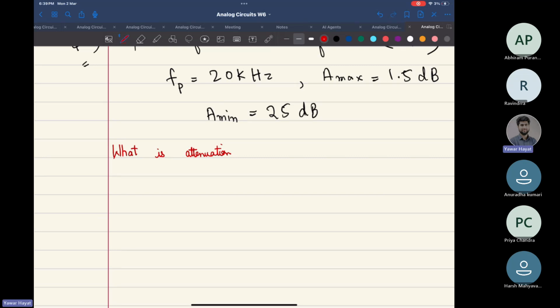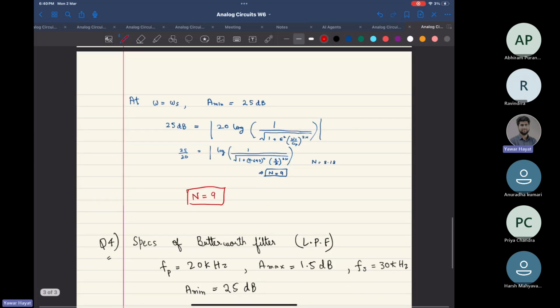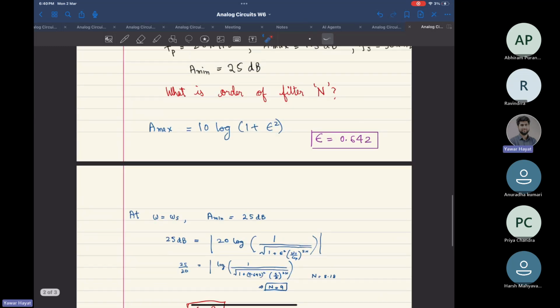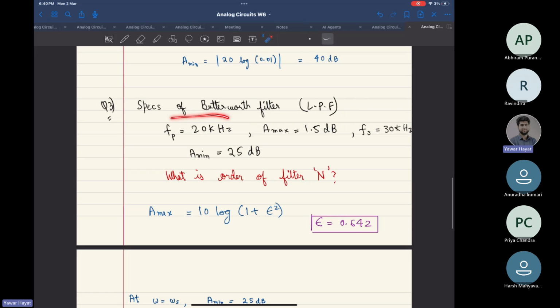What is your attenuation at 25 kilohertz? How should we proceed with this one? We can simply substitute omega S as 25, and omega P would be this one, right?